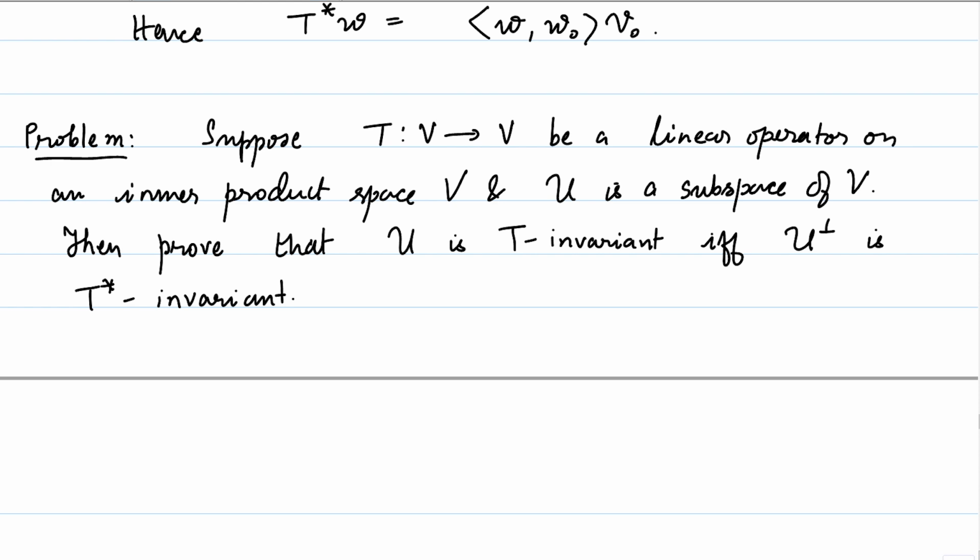So if you recall, a subspace U is T invariant if for any vector u in capital U, T(u) is also in capital U.